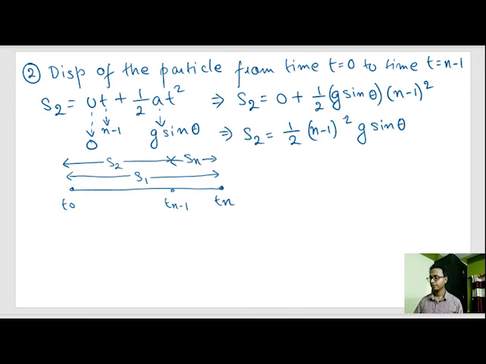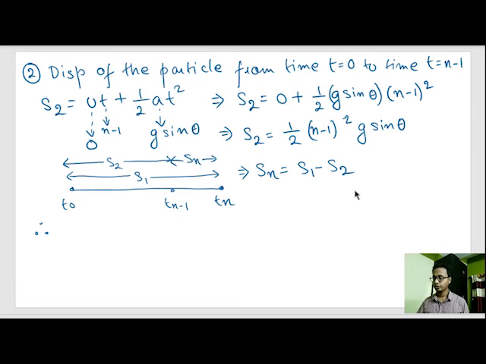So Sn can be given as S1 minus S2. Therefore, the displacement of the particle from t is equal to n minus 1 to t is equal to n is equal to displacement from 0 to tn minus 0 to tn minus 1, or S1 minus S2.